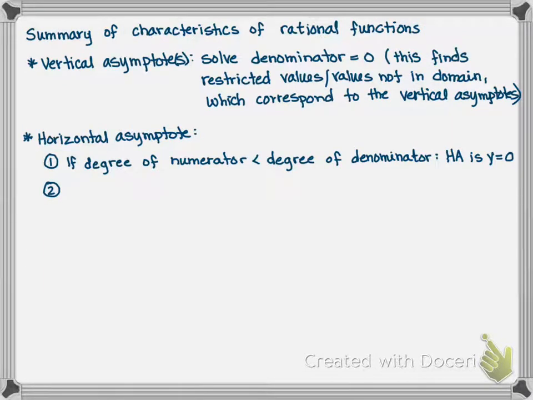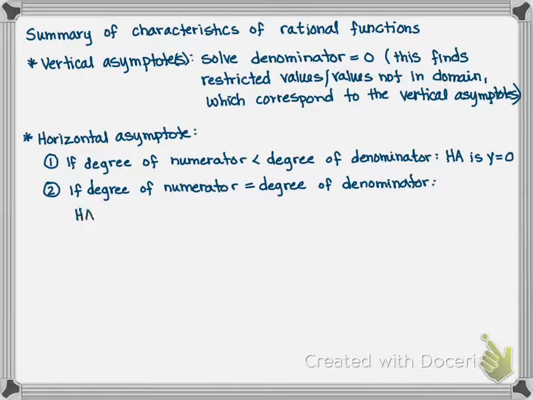So if the degree of the numerator is equal to the degree of the denominator, then our horizontal asymptote is y equals the leading coefficient of the top divided by the leading coefficient of the bottom.